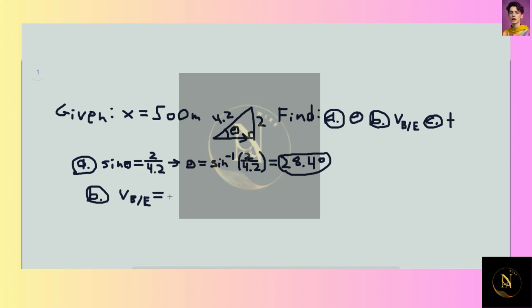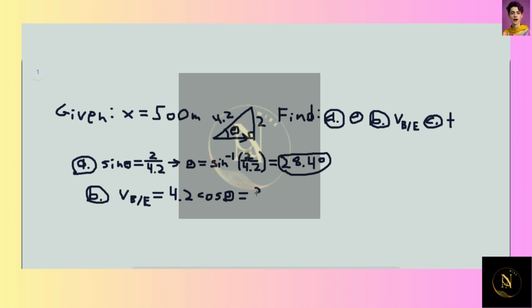So I'm going to have 4.2 times cosine of theta, and I calculated theta in part A. So I plug in the value of theta of 28.4 degrees, and then it gives me the velocity of the boat relative to the Earth.